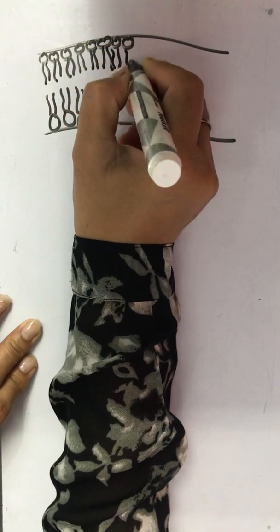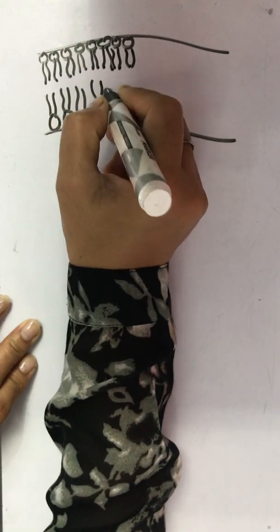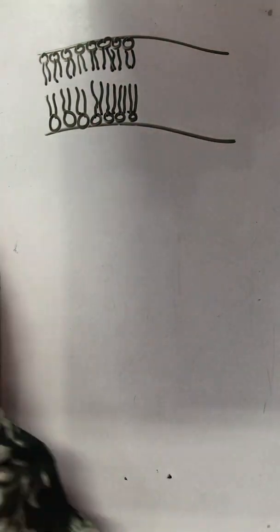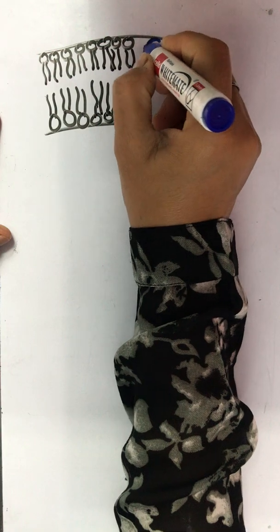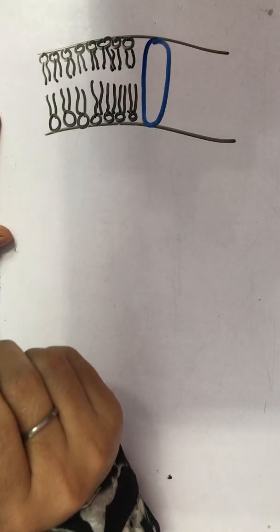We know that lipid has a bipolar nature in which the hydrophobic tail and the hydrophilic head is present.